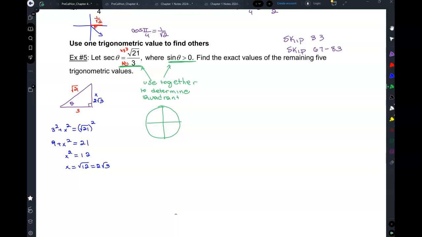So I say, okay, positive here, positive there. Then I'm also given secant is some positive number, right? So use the plus minus, that sign of the secant. Secant is like cosine. Cosine is like the x's. It's positive here and here.